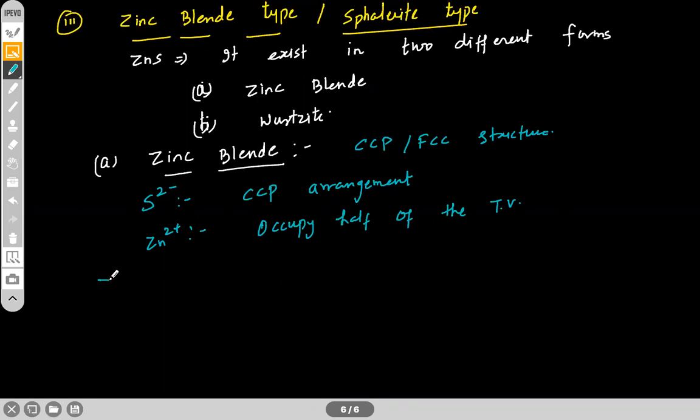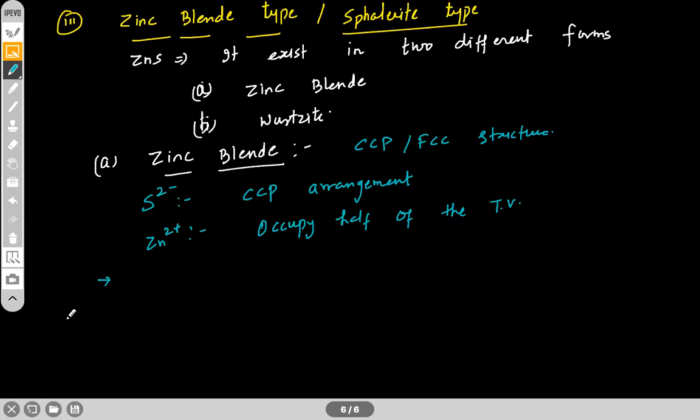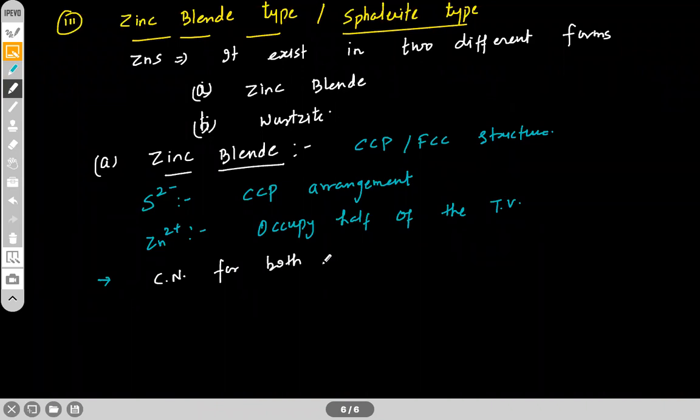Next, write down, each zinc ion is surrounded by 4 sulfide ions, and each sulfide ion is surrounded by 4 zinc ions. Hence, we can say the coordination number for both ions is 4, and this is a 4:4 arrangement.